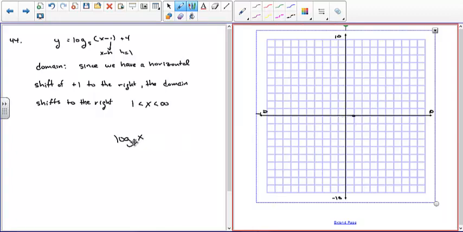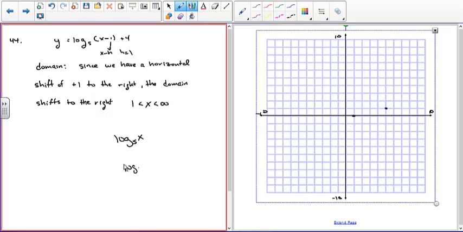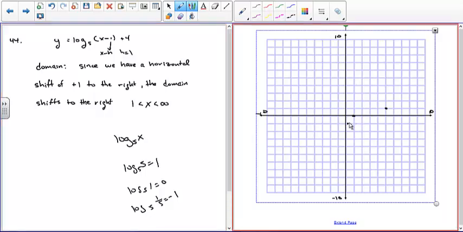When x equals 5, we have a value of 1, so log to the base 5 of 5 equals 1. We also know log base 5 of 1 equals 0, that's this point. And log base 5 of 1/5 equals negative 1. So if we go to 1/5, negative 1, it's about right there. You can figure out what's going on like that.